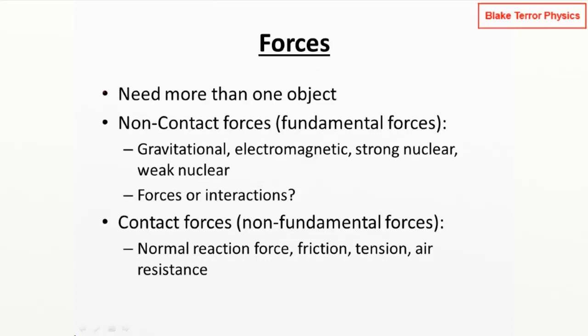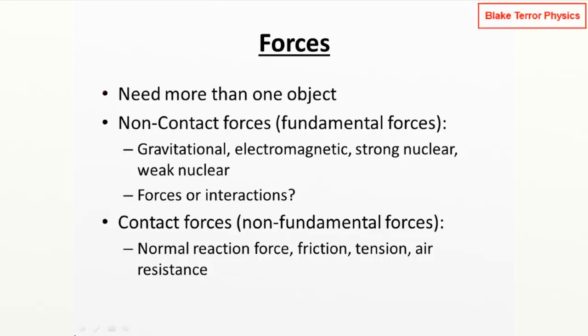Starting with terminology and key categorizations of what's going on with forces. First thing we need is that there has to be more than one object. You can't have a force acting on an object that's just sitting there completely on its own. All forces come in pairs. We've seen this in Newton's third law, which is to do with conservation of momentum.